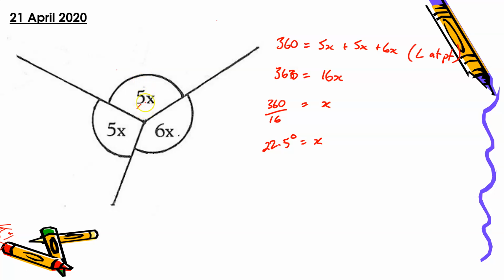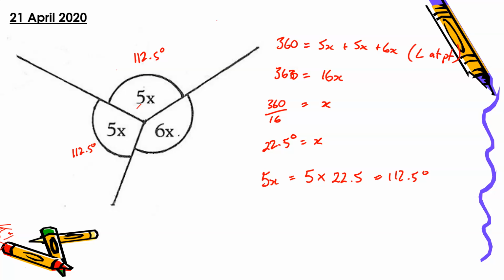So 5 times x. So 5x is equal to 5 times 22.5, which gives us 112.5 degrees. Means this one must be 112.5 degrees for this angle.